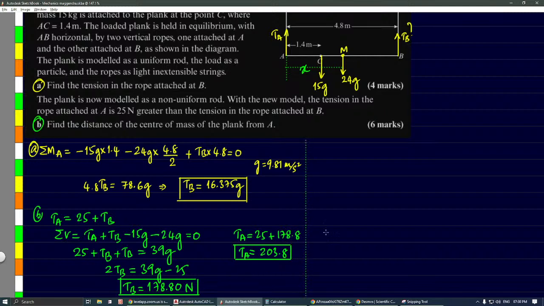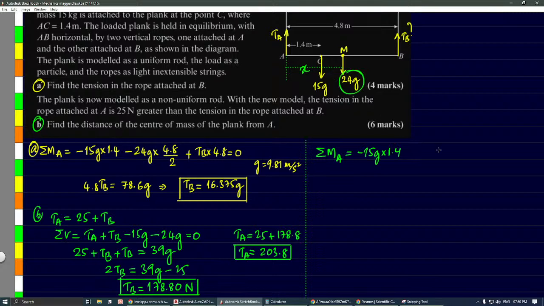Now we are interested in finding the length x. So for finding the length x, we have to take sigma M, about A only. So 15g, distance is same, right? 1.4, because that distance is given, it doesn't depend on whether the rod is uniform or not. That remains the same. This is clockwise, so minus.